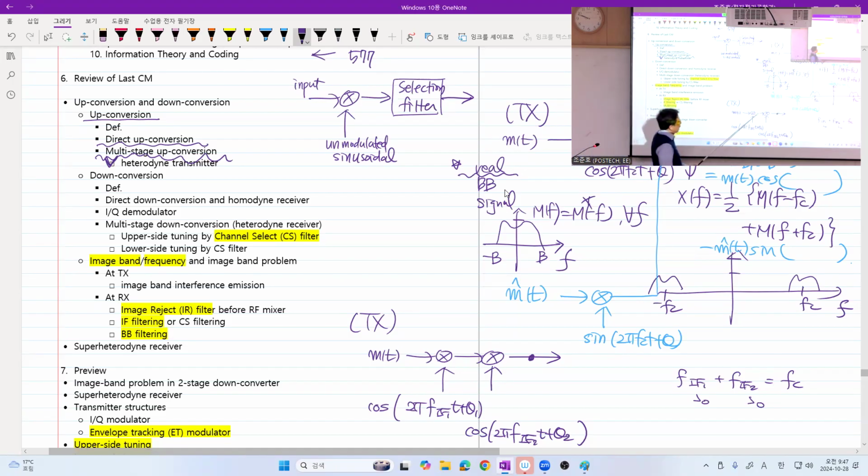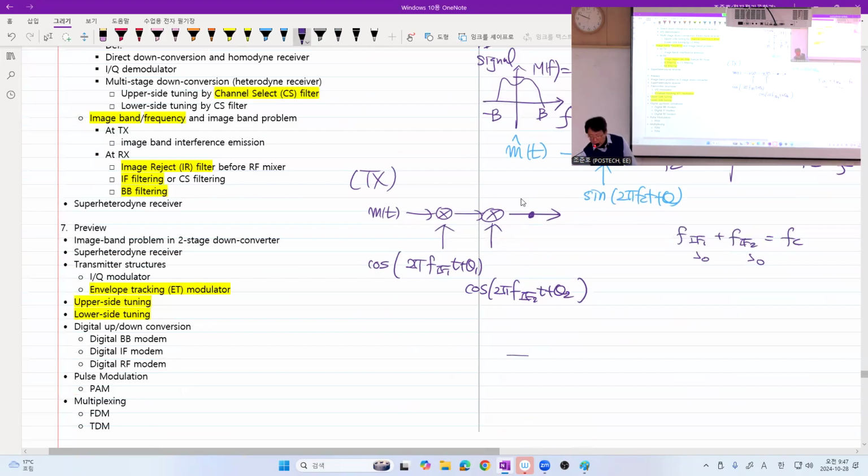And you know that each mixer right shifts and left shifts the incoming signal in the frequency domain by the amount of this carrier frequency. So what you have is something interesting. So this is the assumption. Here goes our desired signal, but we have another signal here.